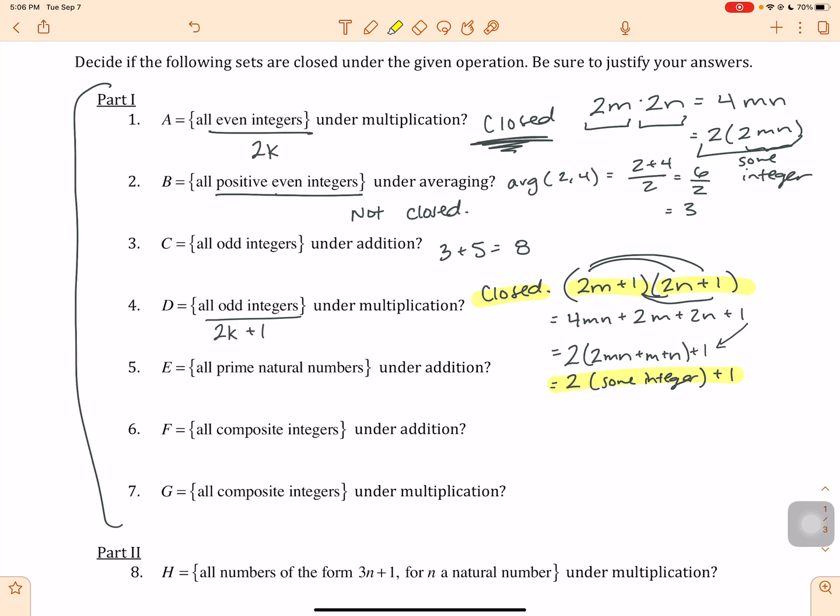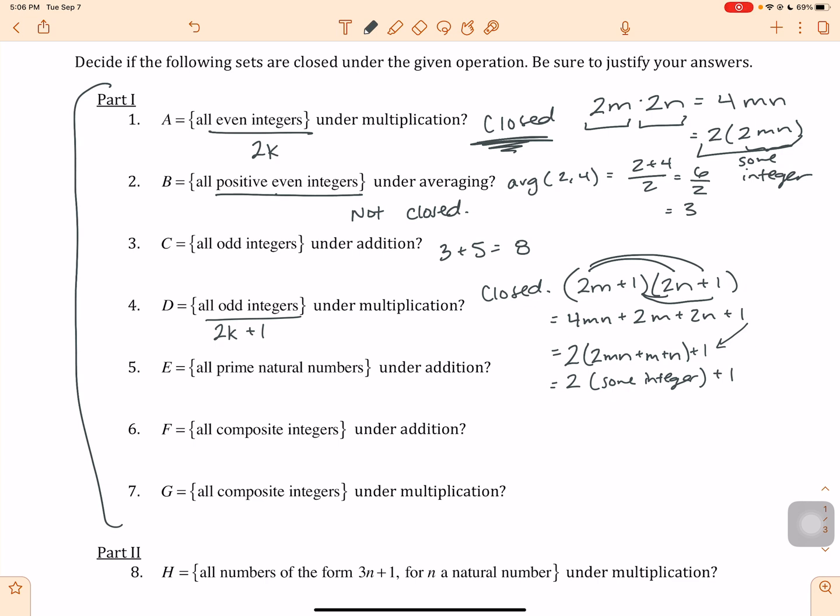Okay? So you can continue to try to prove these different ones here. Numbers 5, 6, and 7 have to do with prime and composite numbers, or integers. This one's all prime natural numbers. So you would want to know what that is.